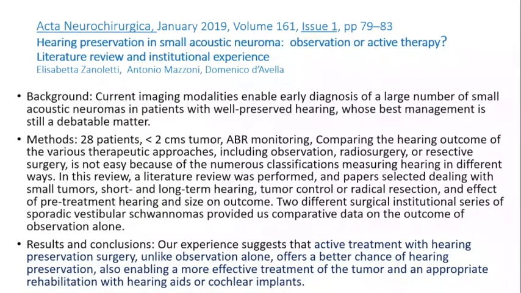Should it be radiosurgery or surgery? I think this group has recently published a paper that in patients with ABR monitoring, they have shown that it is possible to preserve the hearing to the pre-operative levels in many patients, and therefore they are suggesting that you should probably not wait. It may be better to operate on these patients.